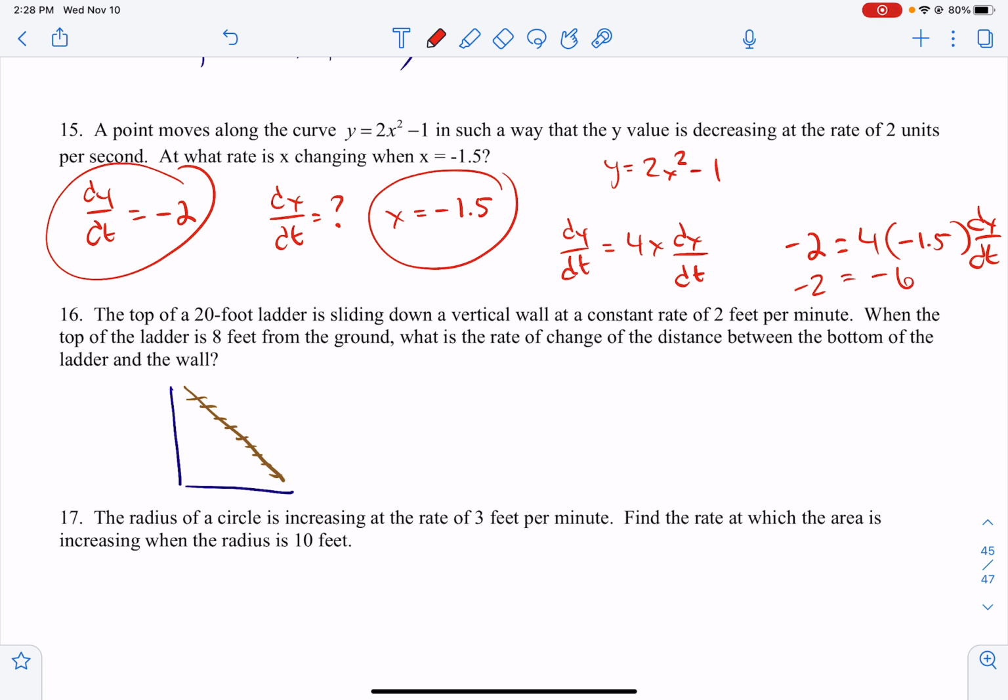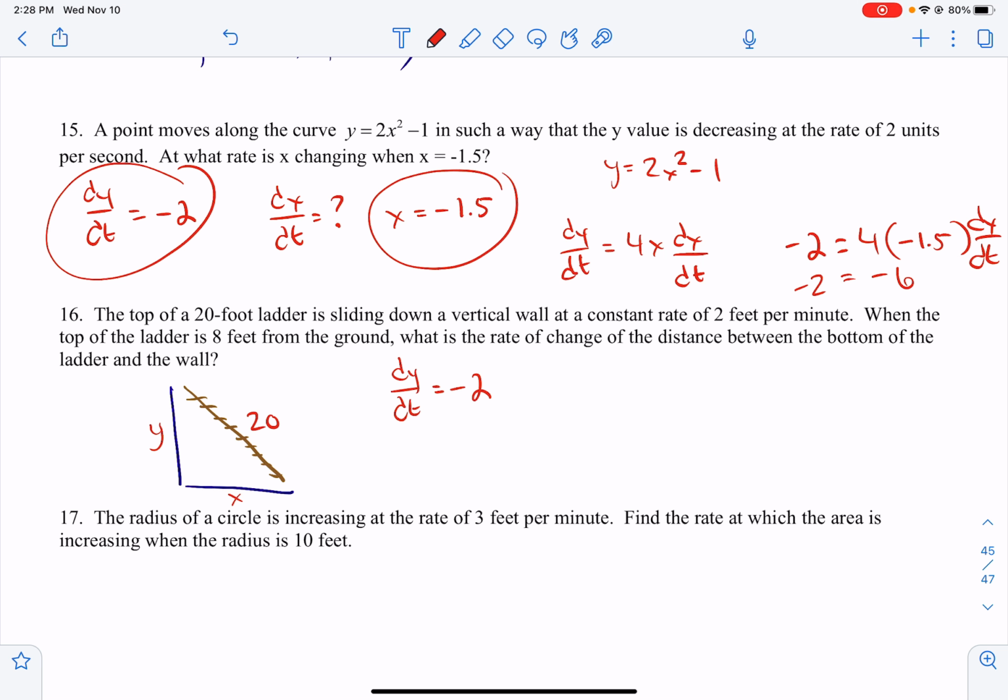So we know that the ladder is 20 feet. And I know that it is sliding down the vertical wall. And out of habit, if I have something vertical, I usually call it Y and the horizontal X. So I know that I am changing at a rate of -2 because my ladder is going down the wall.